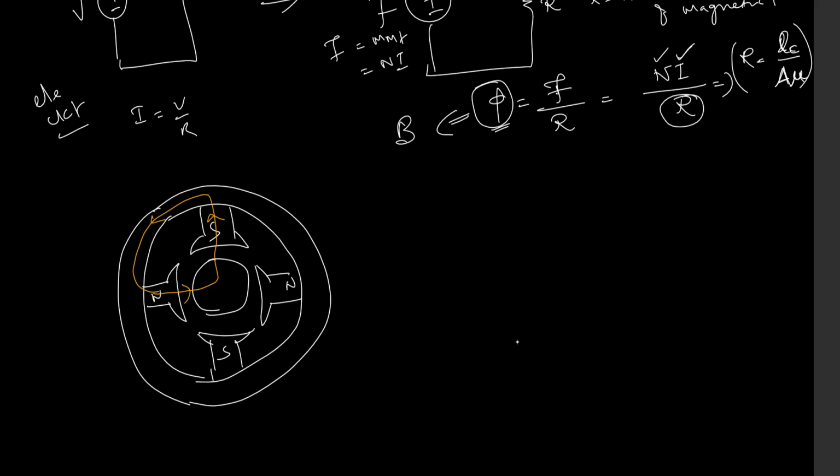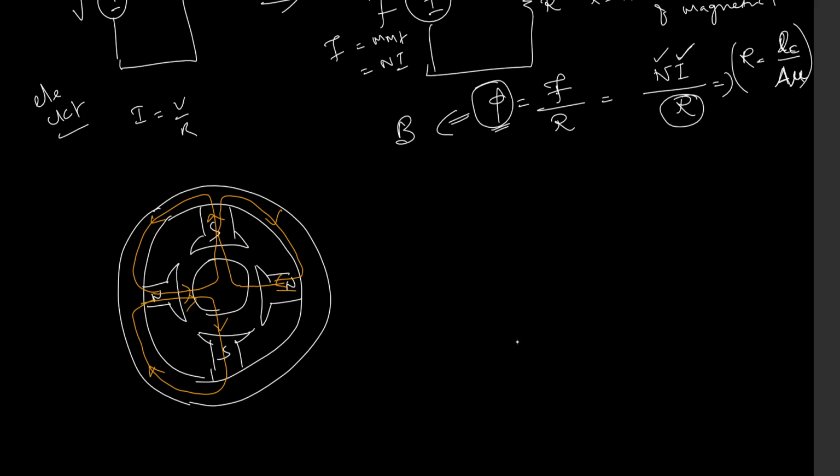Similarly here also the flux line comes out, goes into the south pole and enters into the north pole again. Similarly some flux lines coming out from the north pole enter into the south pole, and go back into the north pole.